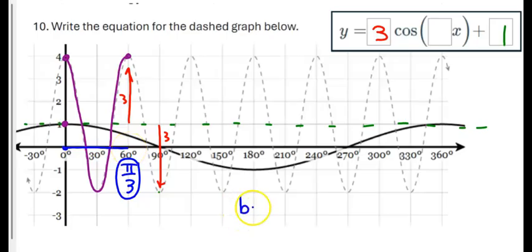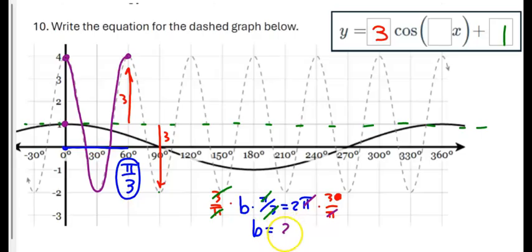So b times pi over 3 has to equal 2 pi. I'll multiply both sides by 3 over pi. The pi's cancel each other out, the 3's cancel each other out, so on the left side all I have left is b. On the right side, the pi's cancel out, so what I have left is 2 times 3, which is 6.